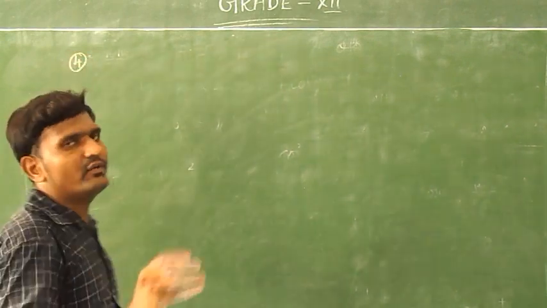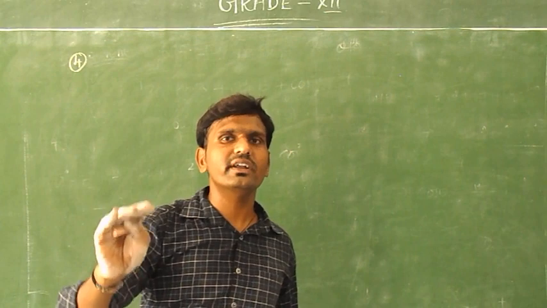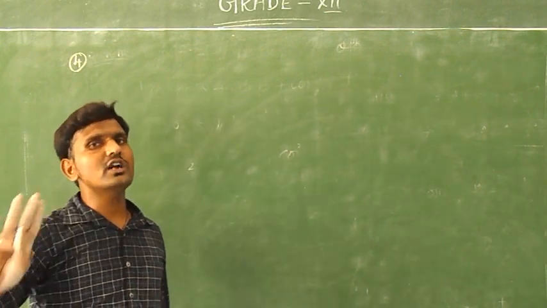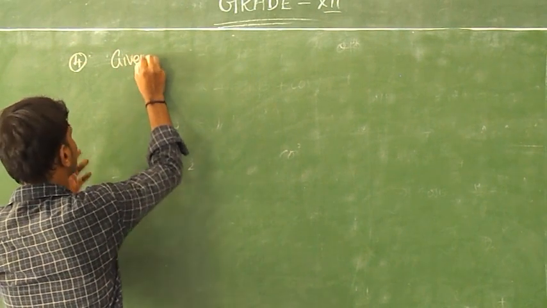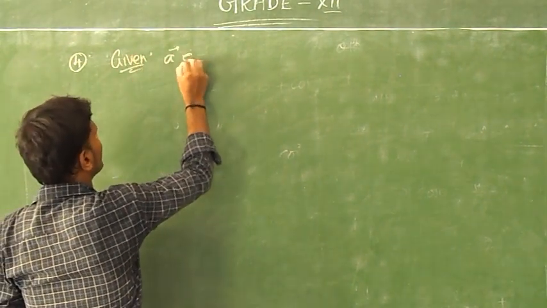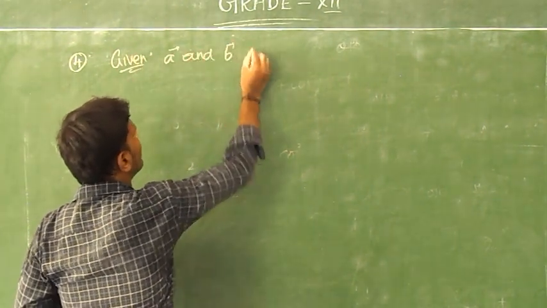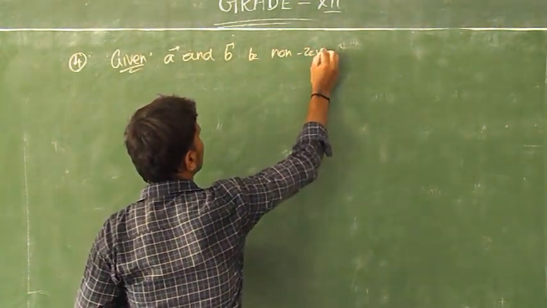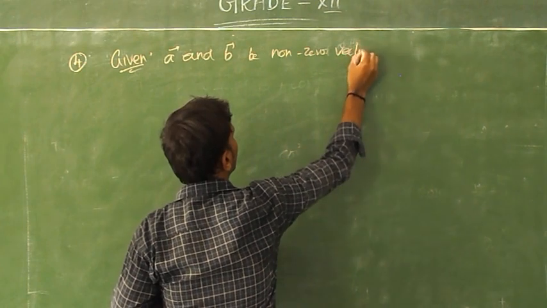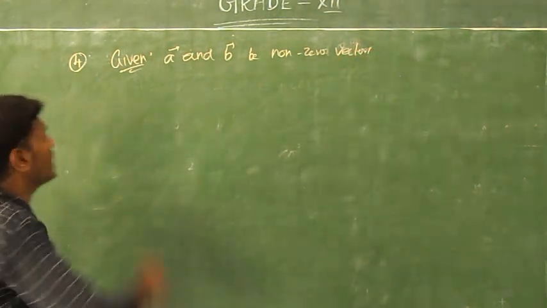Okay. Given: take a vector and b vector to be any two non-zero vectors. Now what am I going to prove?